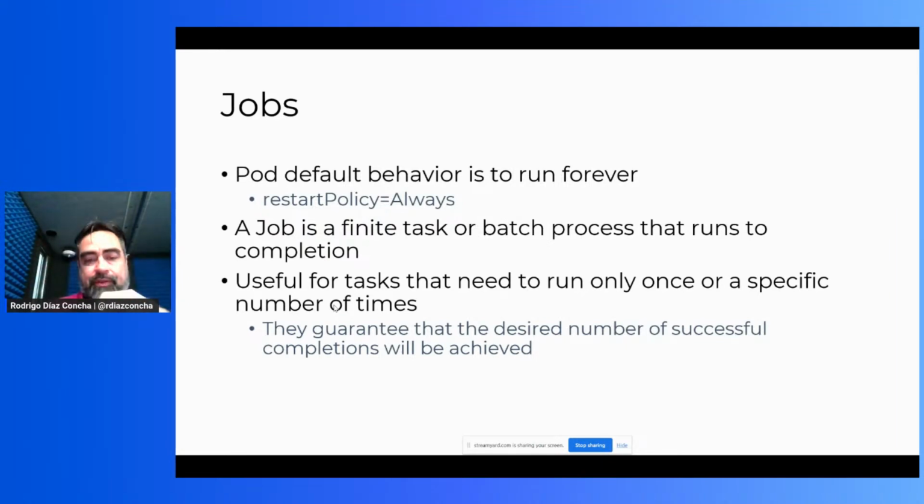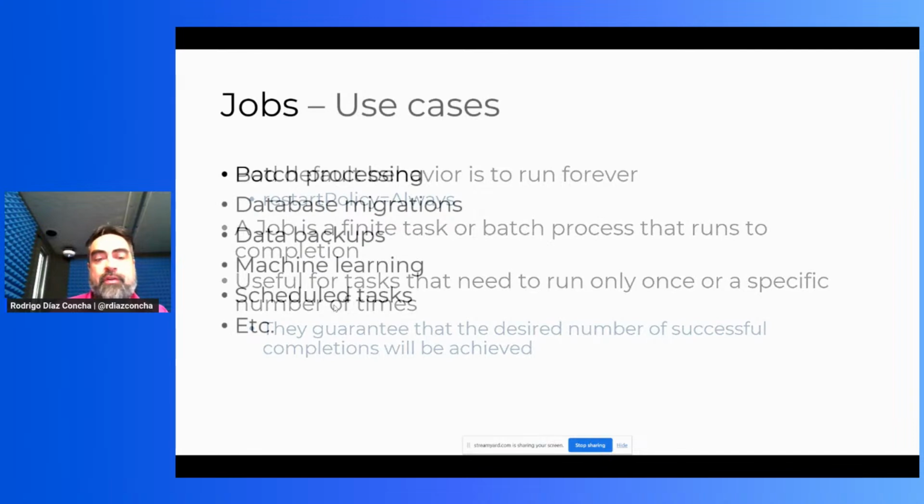That's the use case for jobs. So they're useful for tasks that need to run only once or a specific number of times, and they guarantee that the desired number of successful completions will be achieved. Okay, so jobs are quite useful in that sense.